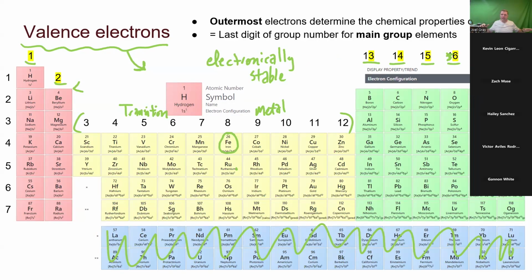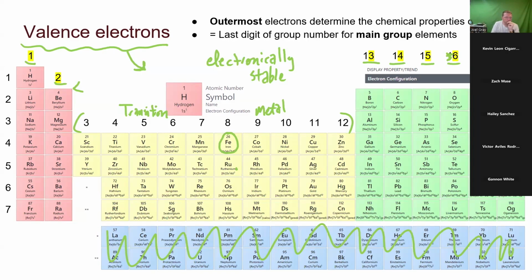I don't need to gain any. I don't need to lose any. I have the right number of valence electrons. Can you give me a 0 if you follow that? Okay, so our noble gases have the happy number of valence electrons.